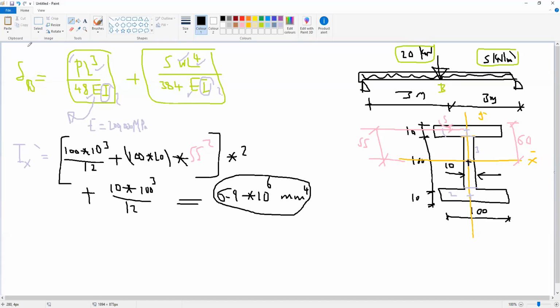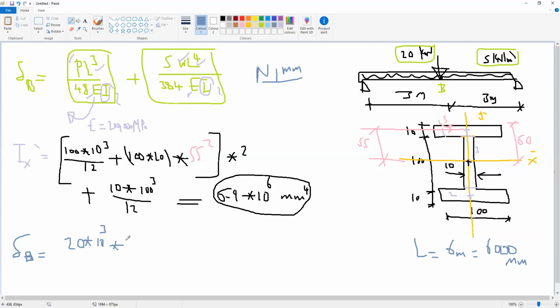Okay, and now we know all the parameters, so we can apply them in the deflection equation. So deflection at B will be: B is given as 20, and we said before the dimension is better to be in Newton and millimeter, so we'll multiply it by 10 to the power 3, multiplied by L. Given L is 6 meter, to be millimeter we multiply by 1000, so it is 6,000 millimeters.